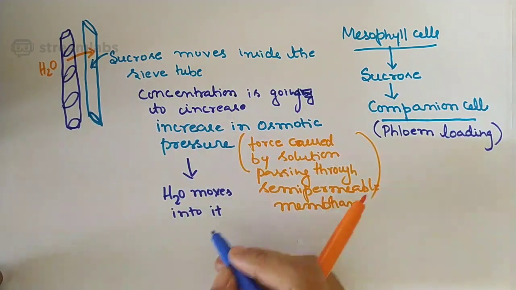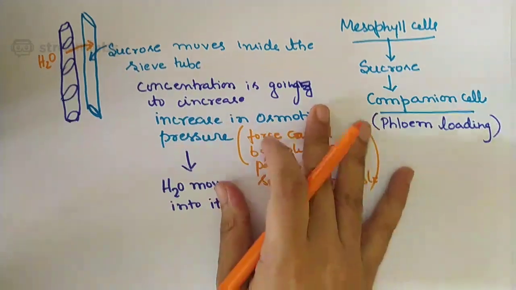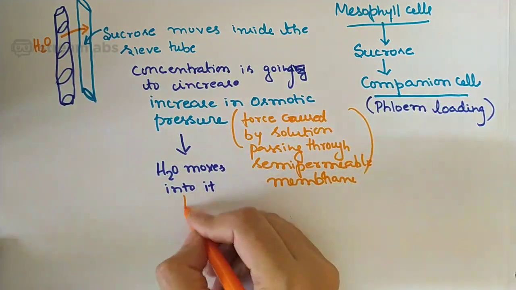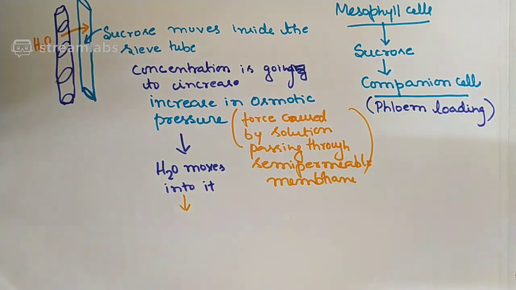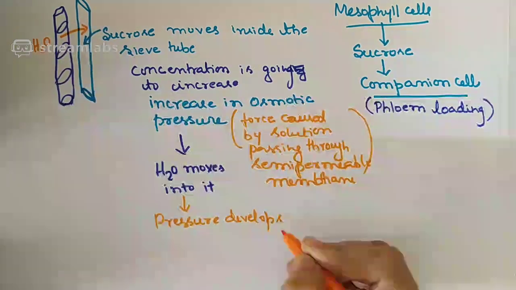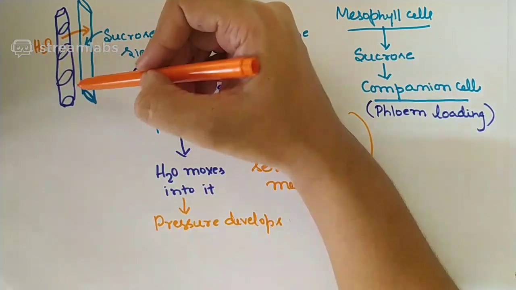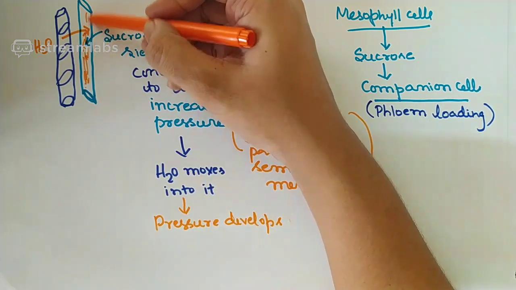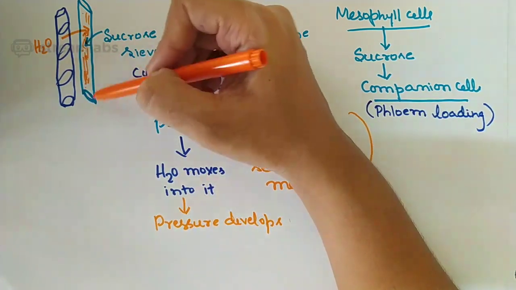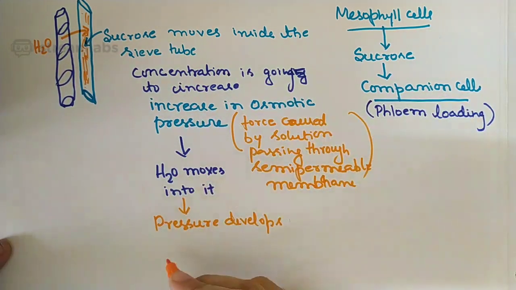When water moves into the sieve tube, what is going to happen? Pressure develops due to the entry of water. Because of the entry of the water, a pressure is created inside the cell.